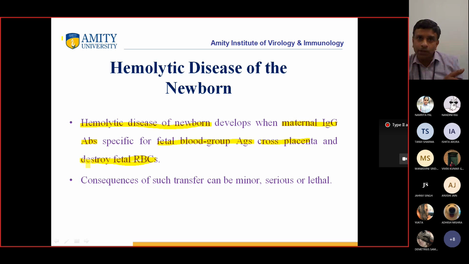So the mother's antibody will cross the placenta, reach the RBC of the fetus, and start destroying the blood cells of the fetus. The consequences of such a reaction can be minor, serious, or even lethal. The newborn can die. So now let's see how and why this happens.